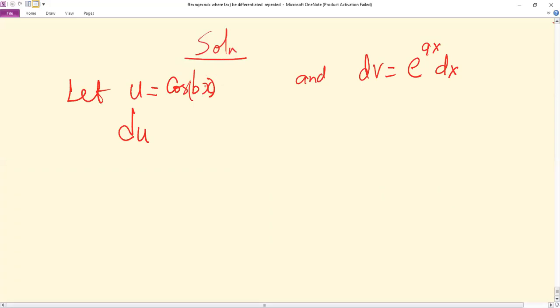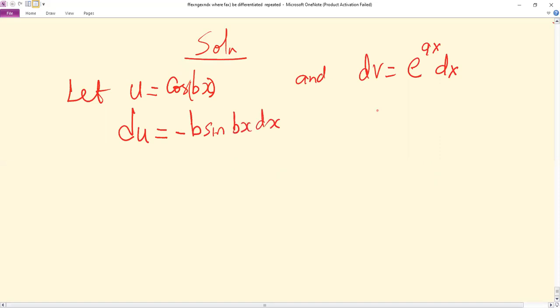We differentiate with respect to x, you get b, and then multiply by the derivative of the cosine function, which is a negative sine function. So we'll have du equals negative b sine bx dx.